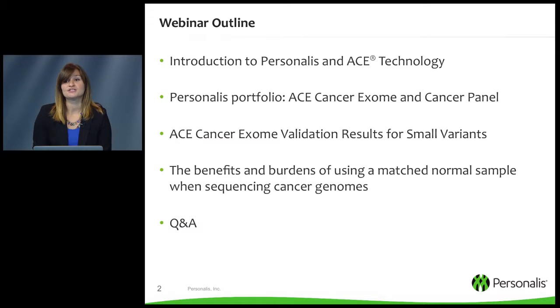I'll then introduce the different products we've built to solve some of the challenges involved in cancer research, in clinical trials, and in immuno-oncology applications. Then I'll discuss our validation strategy for small variants using our ACE cancer exome. And finally, I'll dive into the bulk of our presentation, which is to discuss, again, the benefits and burdens of using a matched normal. And lastly, I'll be happy to take any questions at the end.